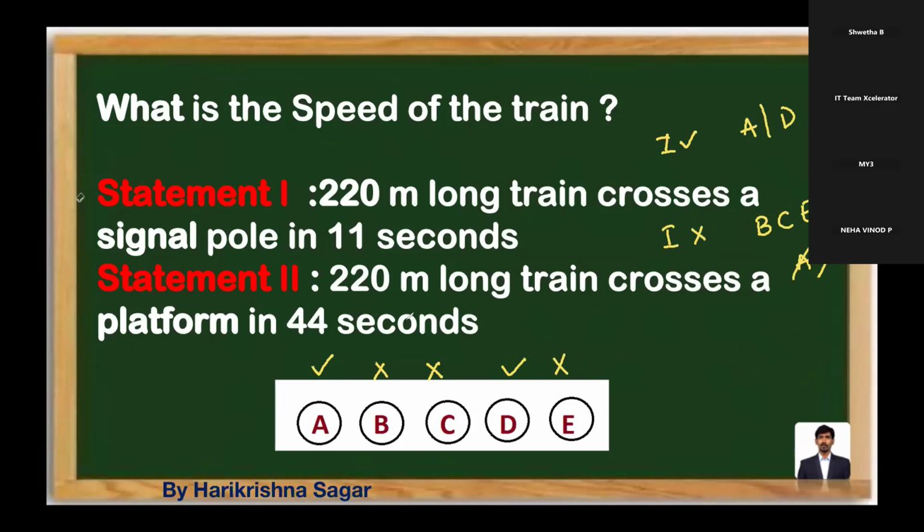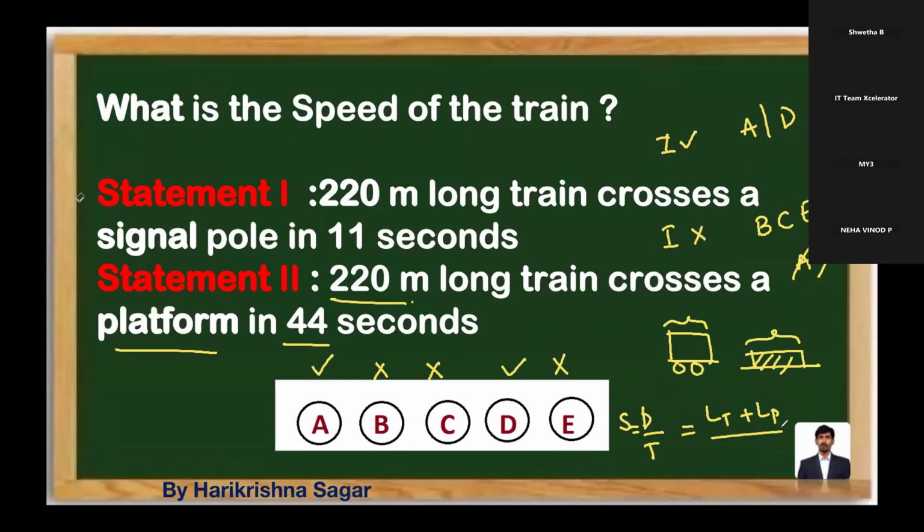So now I'm reading the second statement. A 220 meters long train crossing a platform in 44 seconds. If it is crossing a platform, the total distance covered will be the length of the train and the length of the platform. That means the speed will be distance by time: length of the train plus length of the platform, divided by time taken.